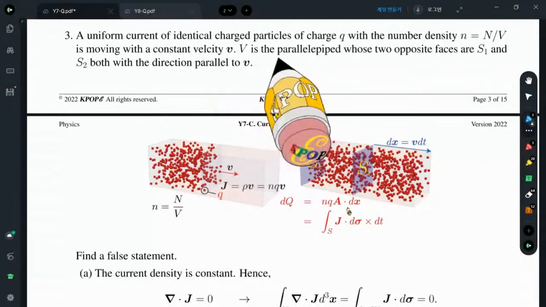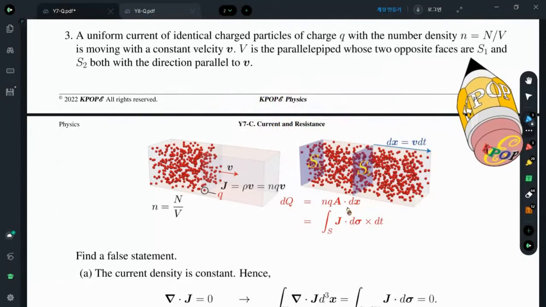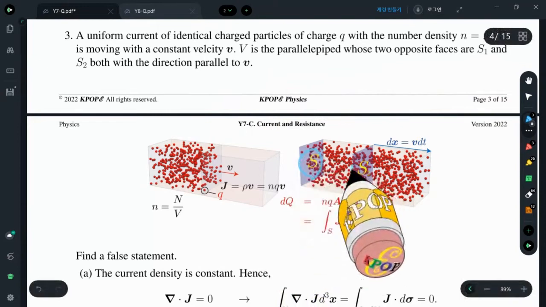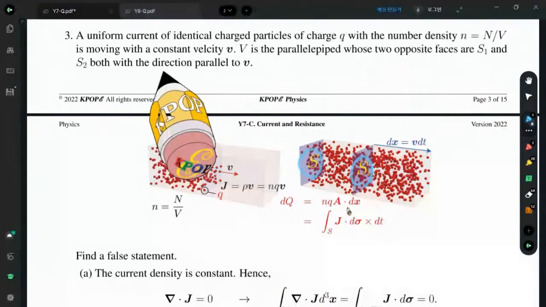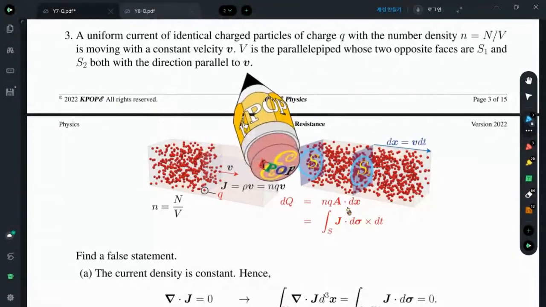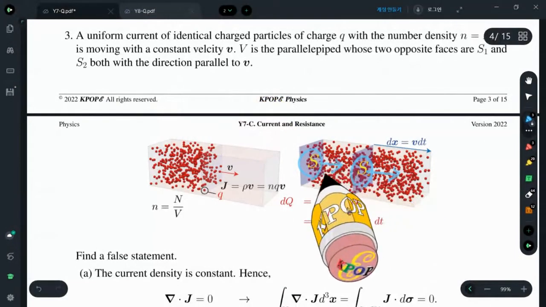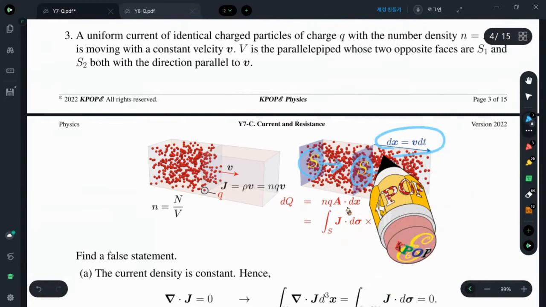V is the parallelepiped whose two opposite faces are S1 and S2. Both of them have the vector direction that is parallel to the velocity.